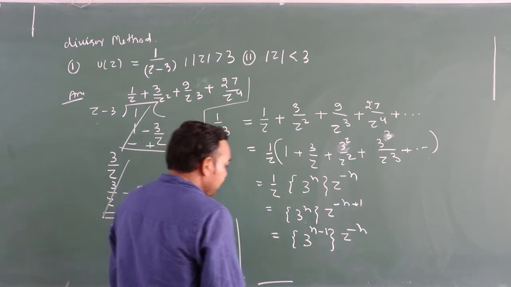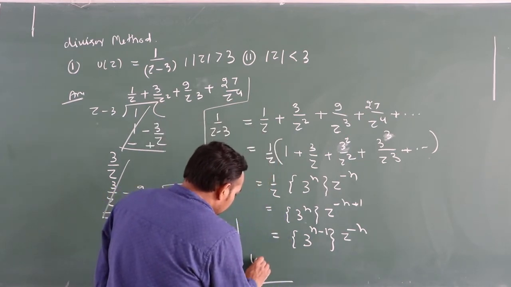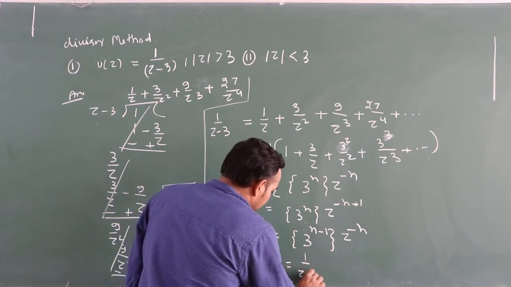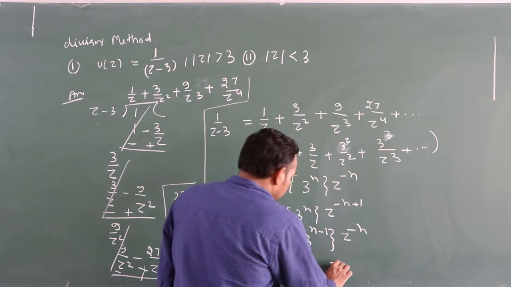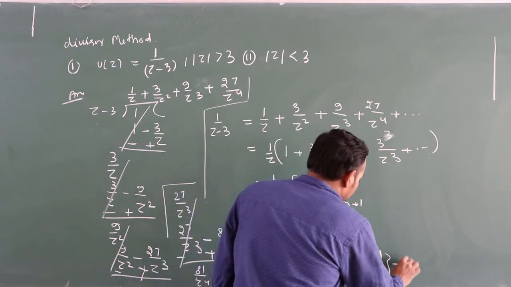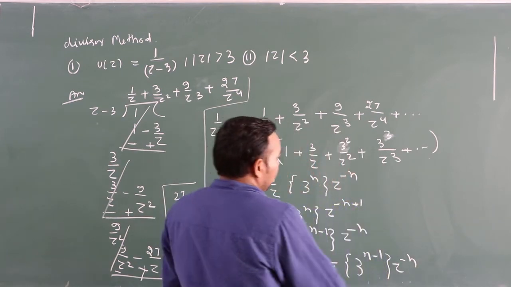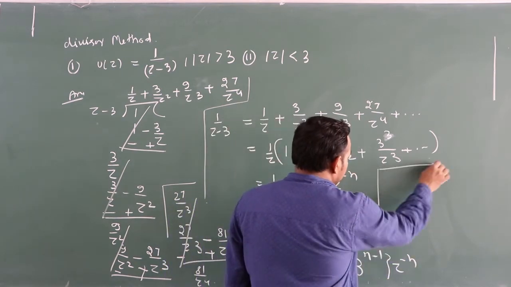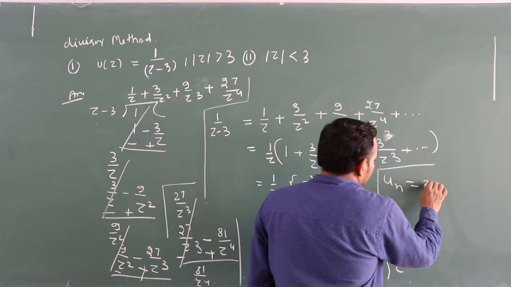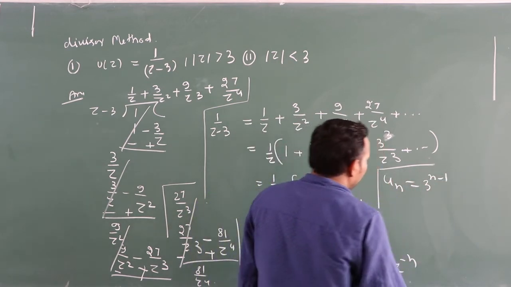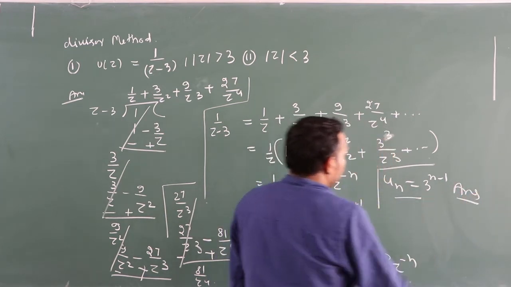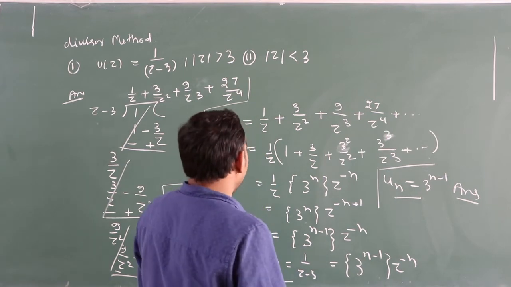So finally, U of Z, that is 1 upon Z minus 3, is equal to the sum of 3 to the power n minus 1 Z to the power minus n. So finally we say u n equals 3 to the power n minus 1. So we get the answer of this problem.